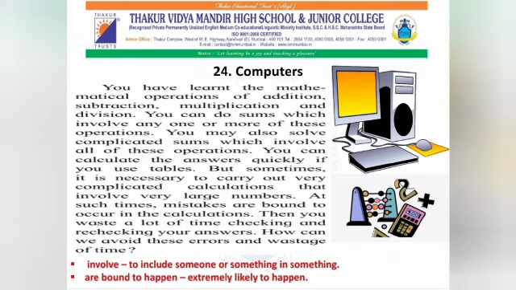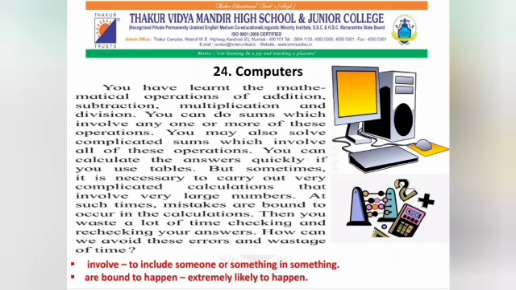Let me read and explain you the lesson. Computers. You have learnt the mathematical operations of addition, subtraction, multiplication and division. You can do sums which involve any one or more of these operations. You may also solve complicated sums which involve all of these operations.